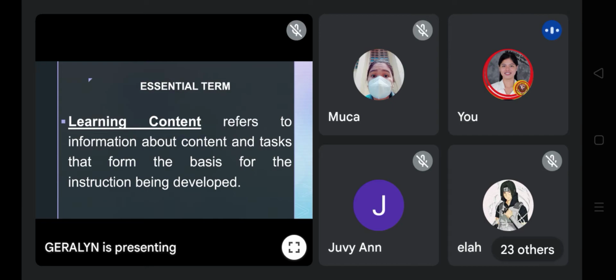So please take note that learning content includes the content and the tasks. So, duha iyahang inclusion, ang atong subject matter o ang mga activities. Because of course, the basis of the activities is the content. So, that is why it is included in the learning content principles.